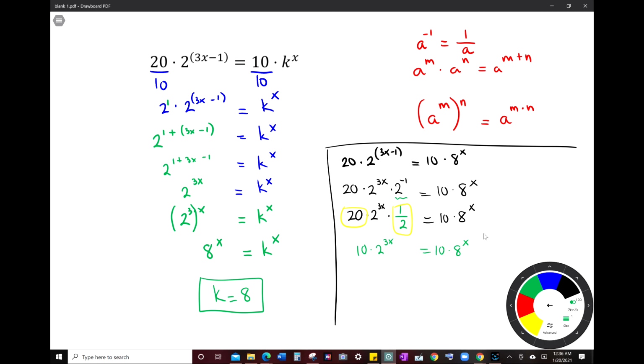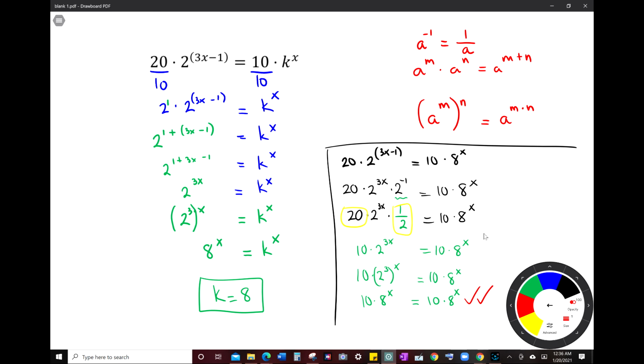And like what we did earlier, now we can rewrite 2 raised to 3x power as 2 raised to the third power and everything raised to the x power, equals 10 times 8 raised to the x power. And then now we can simplify one more time. We have 10 times 8 raised to the x power on the left side, which is equivalent to the right side, which is 10 times 8 raised to the x power. So yes, the solution works.